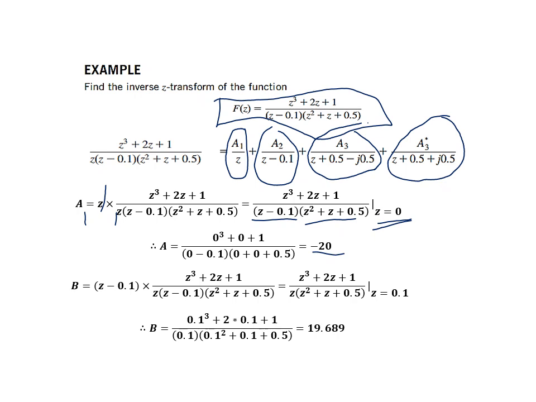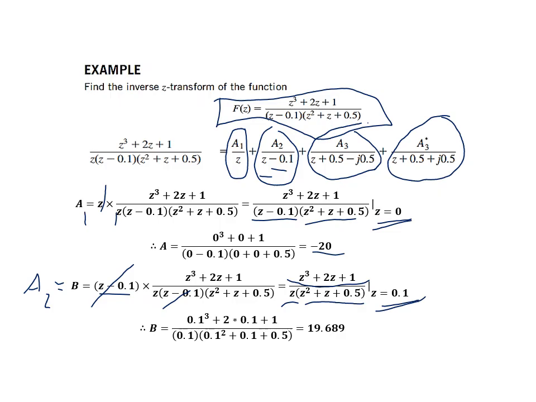To get a2, which is called b, we multiply both sides by the denominator of a2, which is z minus 0.1. This term is cancelled with z minus 0.1. We have z cubed plus 2z squared plus 1 divided by z times z squared plus z plus 0.5.